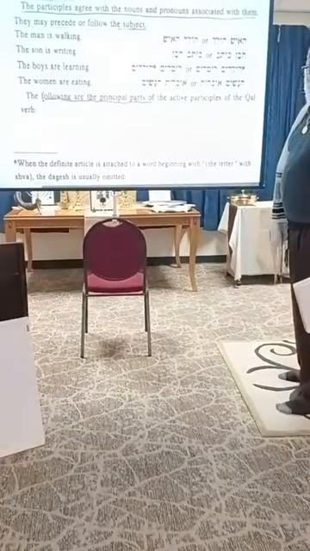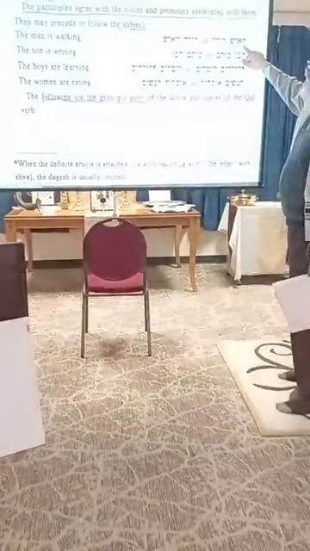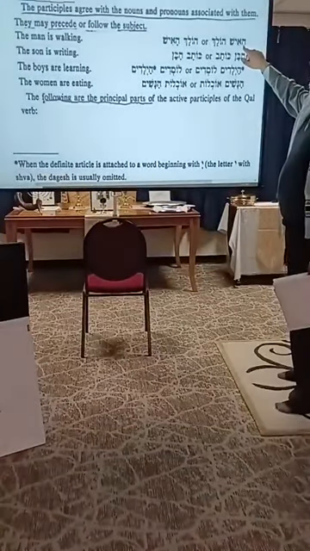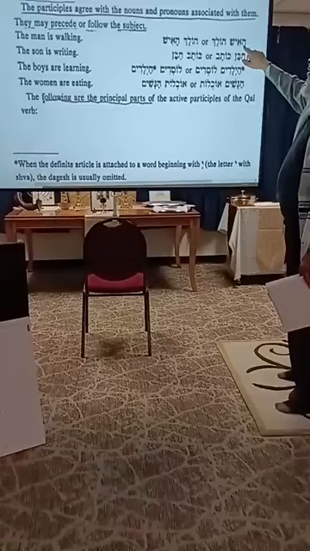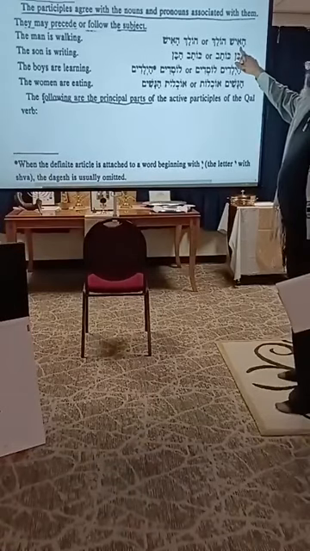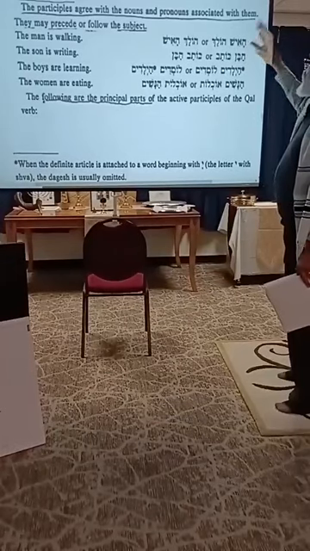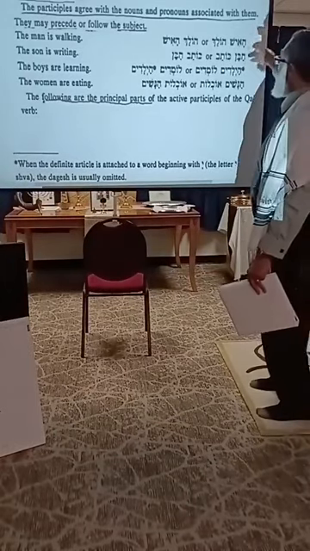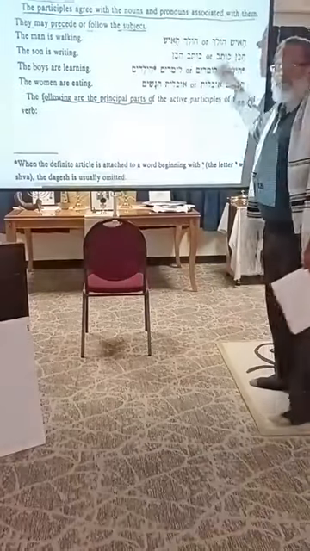So, what does the hey represent? The. All right. You don't want to forget this. This is very important. The hey is a definite article. It is used to represent the, whatever it is. So, ha-ish means the man.